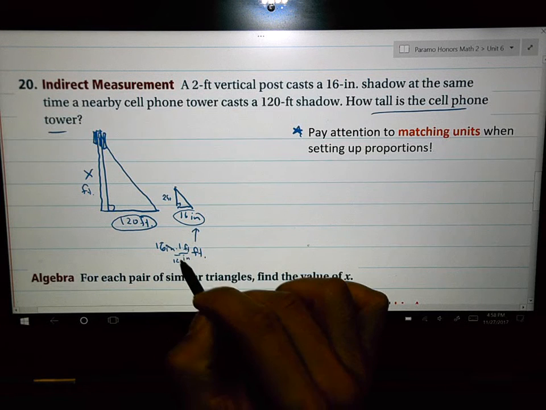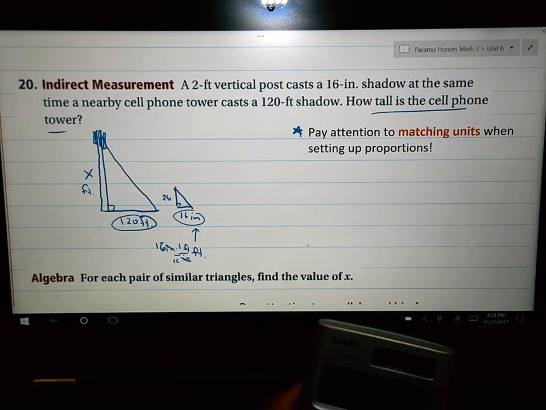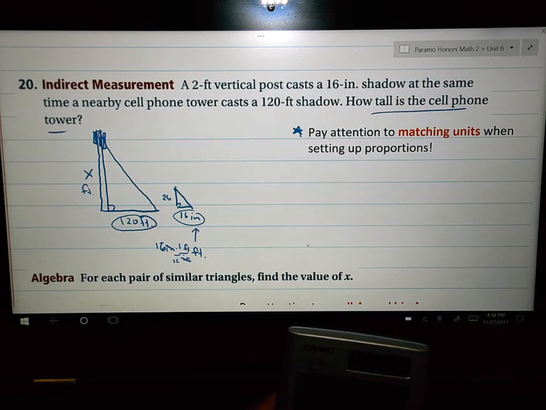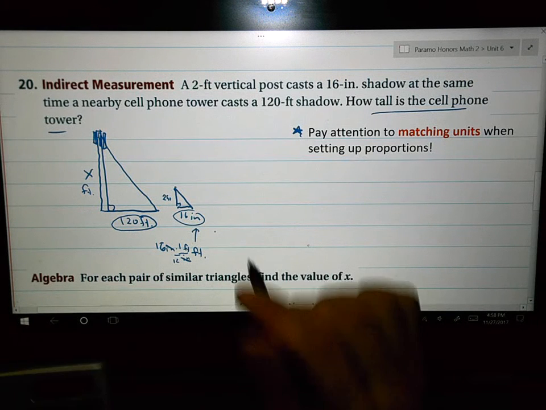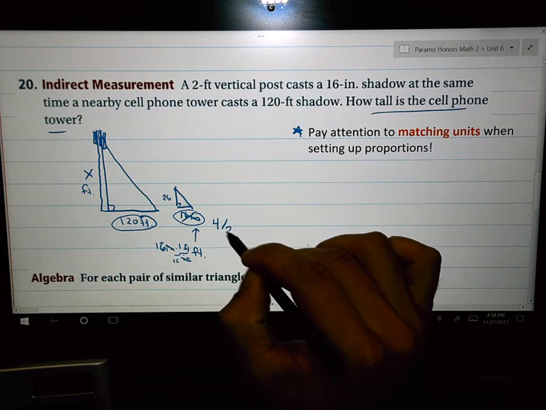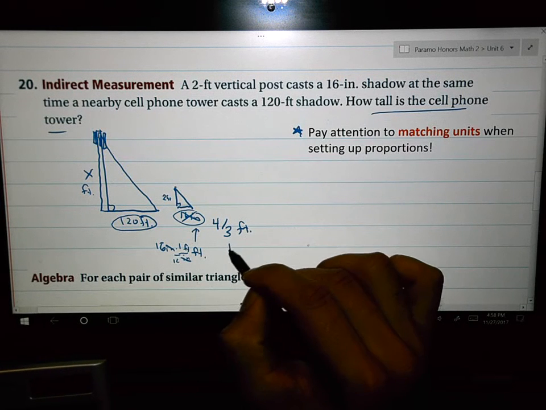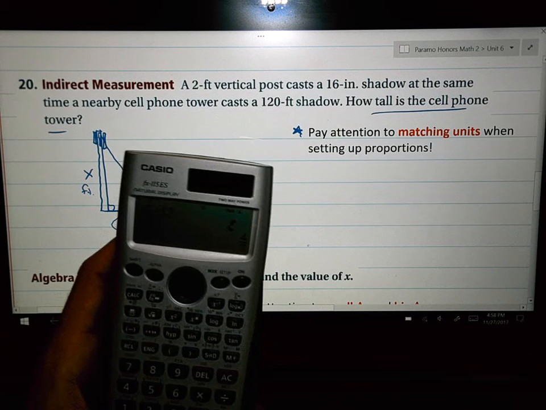The inches will cancel, and I can see how many feet that is. I'm going to do that as a decimal. Doesn't come out pretty. Or a fraction. Fraction is even easier. Guess what that is? That is 4/3 feet, or 1.3 repeating. Okay, use my calculator for that right there.